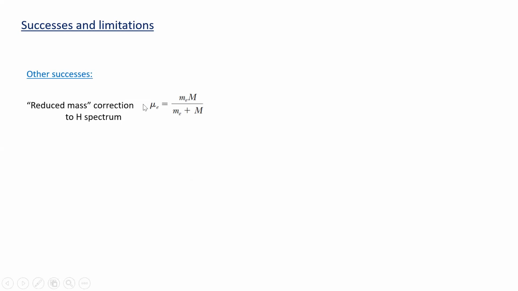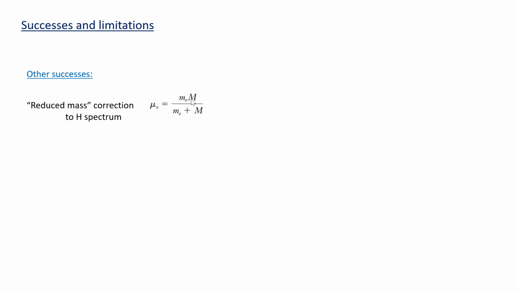We can still treat it as a one-dimensional problem, but we use the reduced mass, which is the mass of the electron times the mass of the nucleus over the mass of the electron plus the mass of the nucleus.